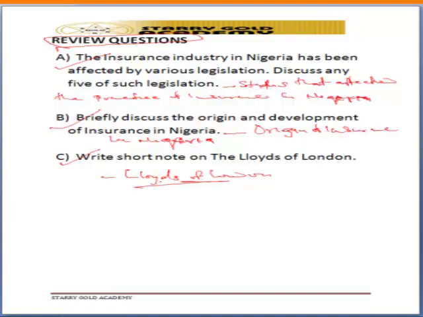We also said there are usually 2 groups of persons involved in Lloyd's. These are the capital providers, usually called the names, and the intermediaries: the brokers, the agents, and any other professional bodies. Just go to the section on Lloyd's of London, look at it and discuss it. You will be awarded your full mark.